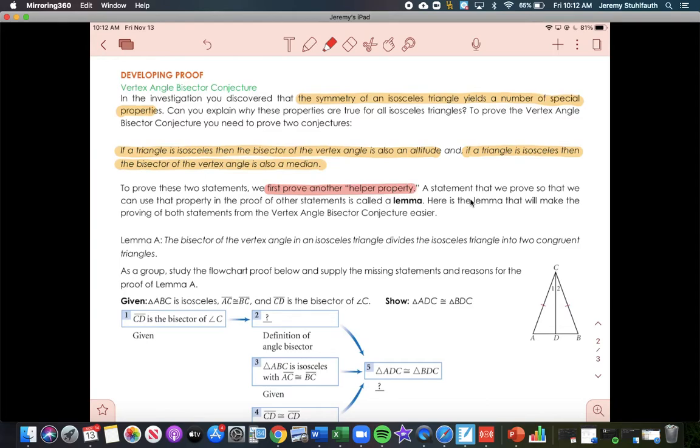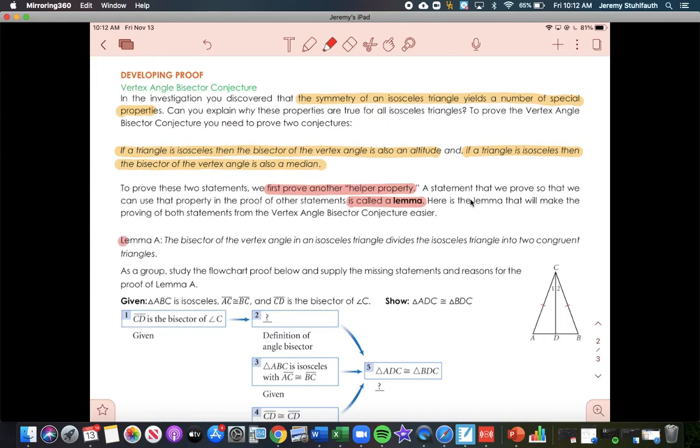It is a statement that we prove so that we can use it in the proof of the statement. This helper property is called a lemma. A lemma is something we prove that allows us to help prove something else.